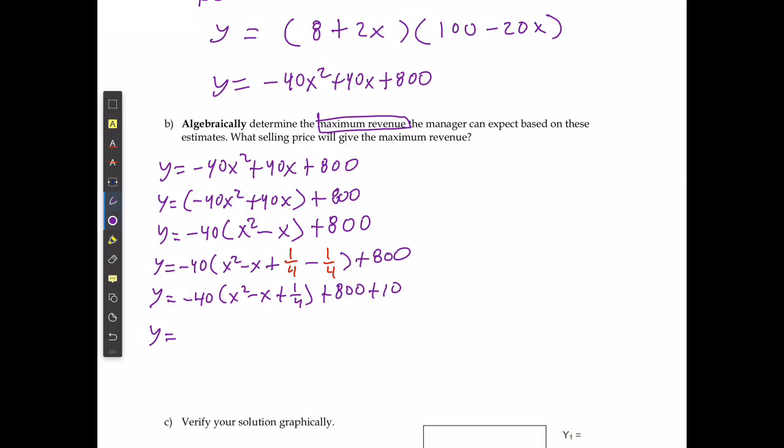Y is equal to negative 40 bracket x minus 1/2 squared plus 800 and 10.